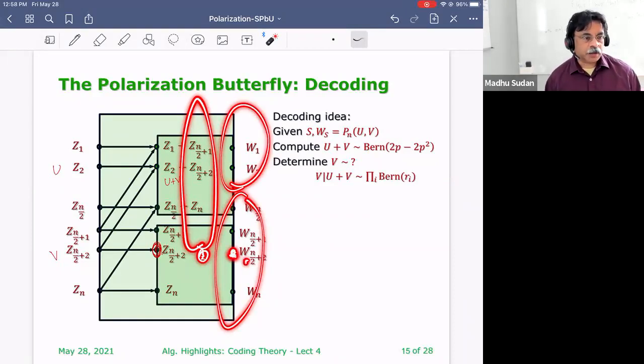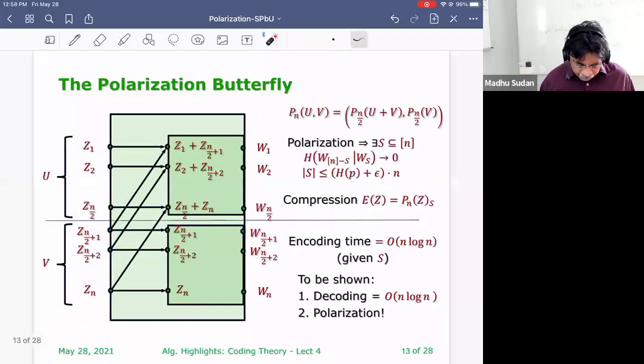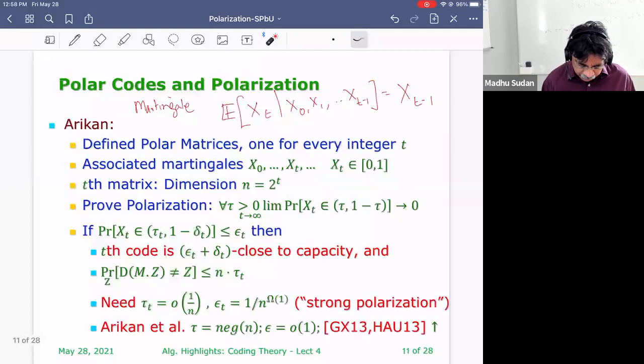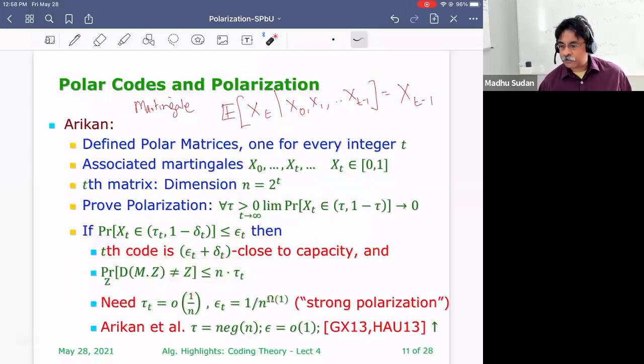That was negligibly small, so we will never make a mistake. With high probability, we will not make a mistake. Okay, so that's how you prove this statement, that when you apply the decoding, you get your correct answer with very high probability.